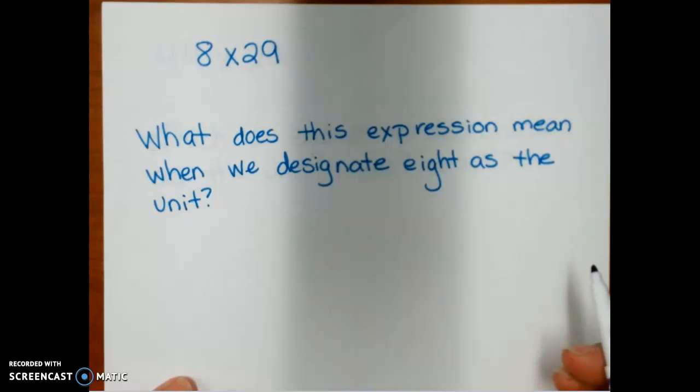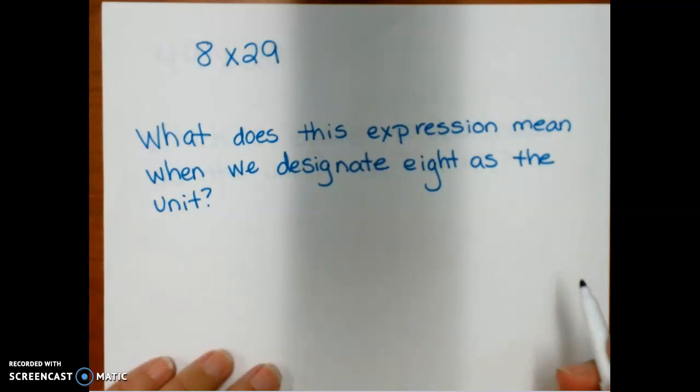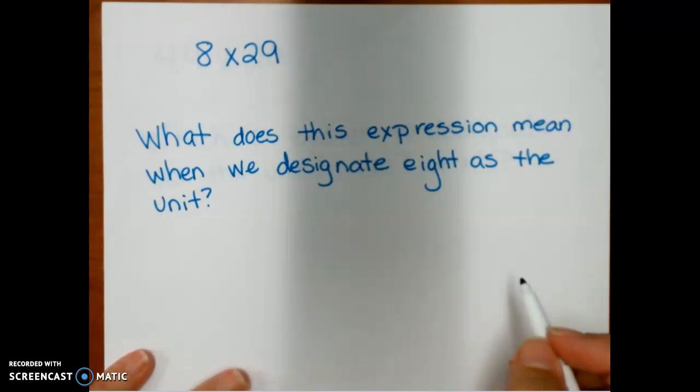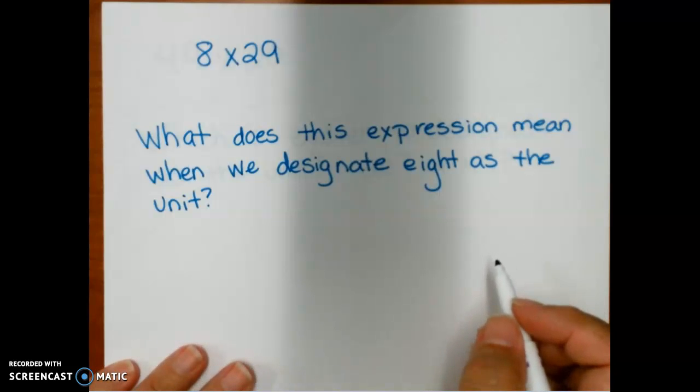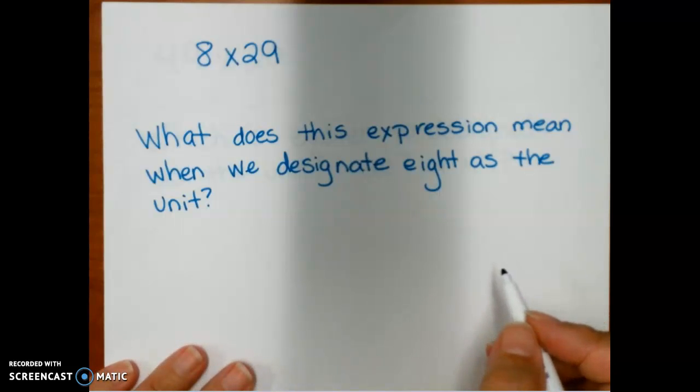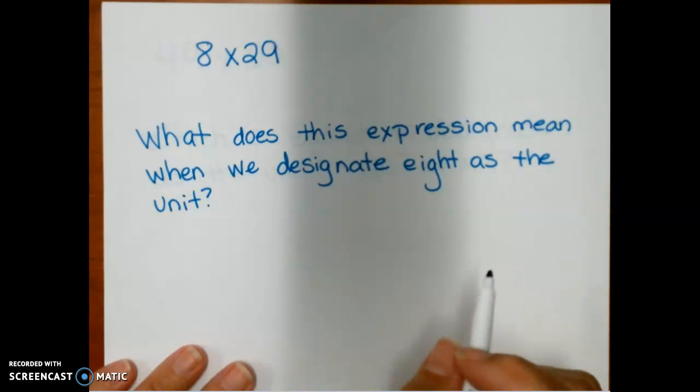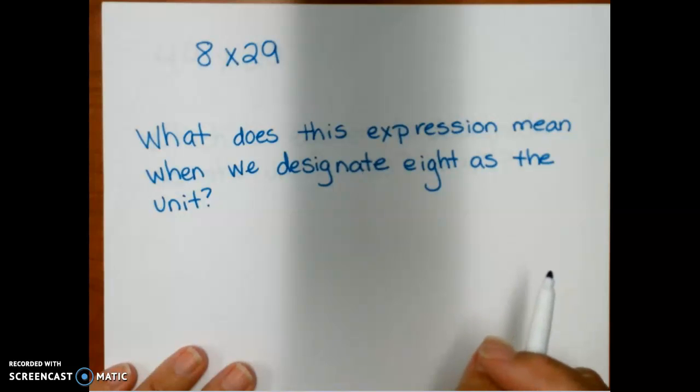Now what if I have 8 times 29? If we designate 8 as the unit again, then it means I would have 29 eights, or if I designate 8 as the unit, I add 8 29 times.